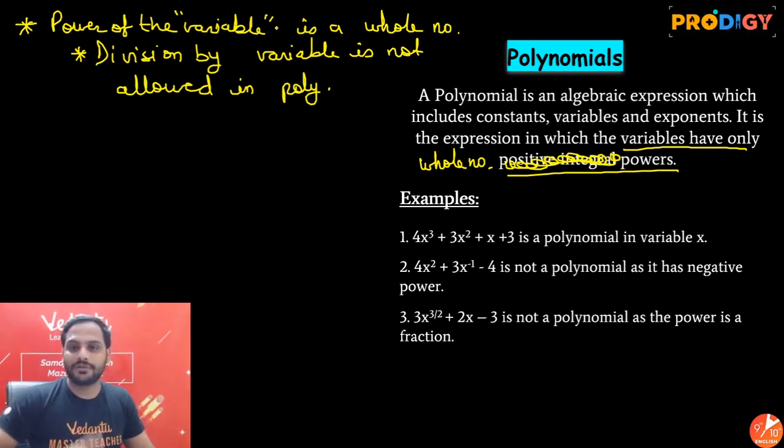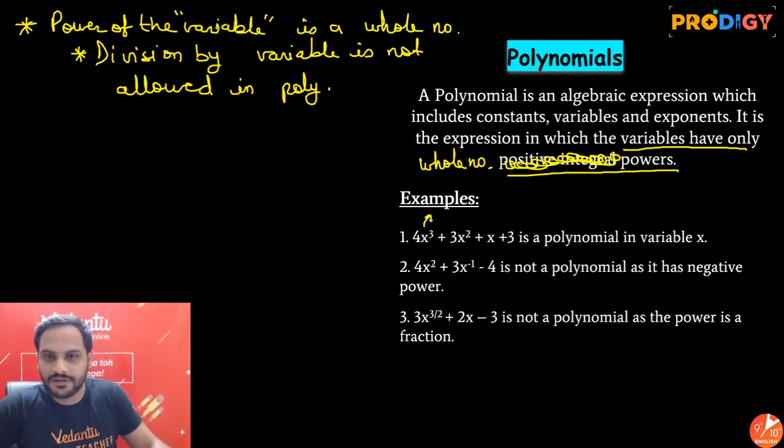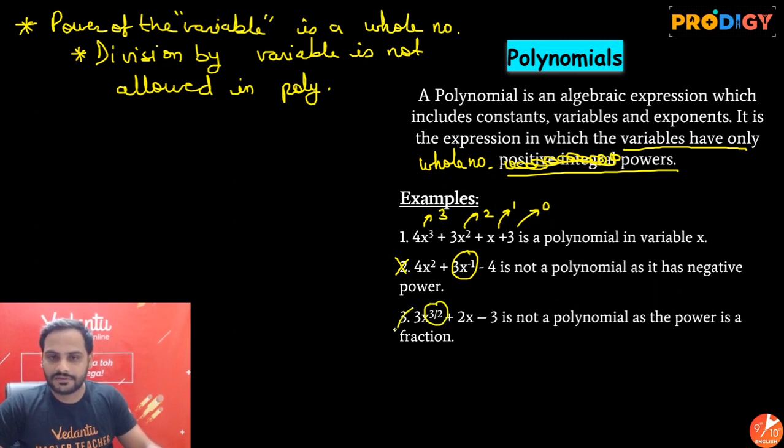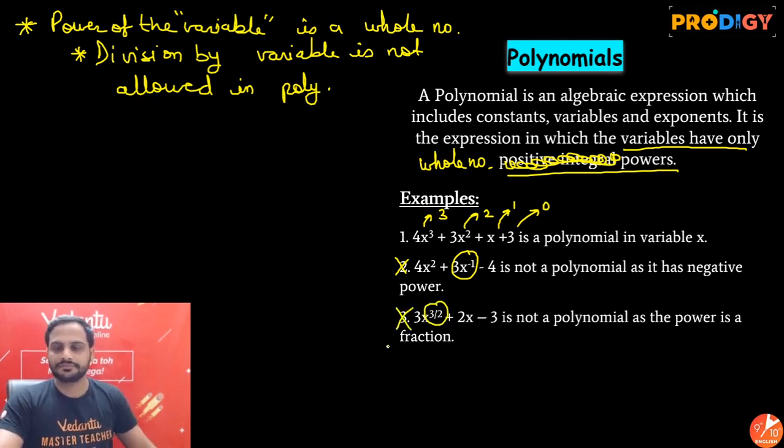Only thing is power of the variable. So here power of the variable is 3, here it is 2, here it is 1, here it is 0. So it will be a polynomial. Same way, suppose this is not a polynomial because power is negative, and here power is fraction, so this is also not a polynomial. Got it? So only the first case is an example of a polynomial.